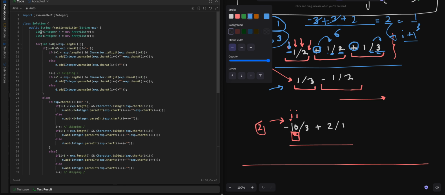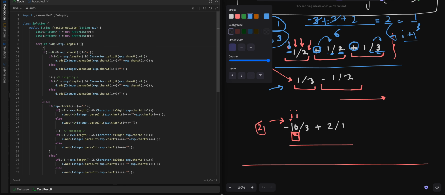So as I have discussed, first of all we are going to have two lists, one for numerator and second for denominator. Now this is actually the first exceptional case, when the first fraction is positive.